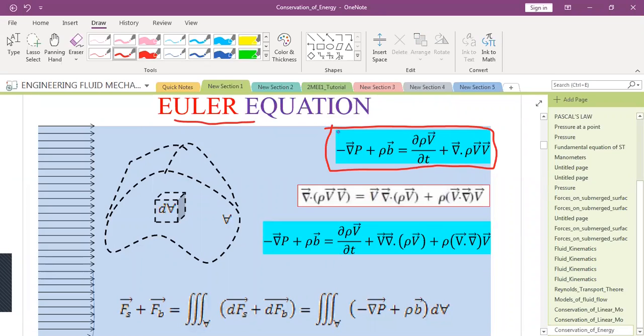Now I want to ask a question. This equation is valid for what? Stationary and non-deforming, as well as in an inviscid region of flow.